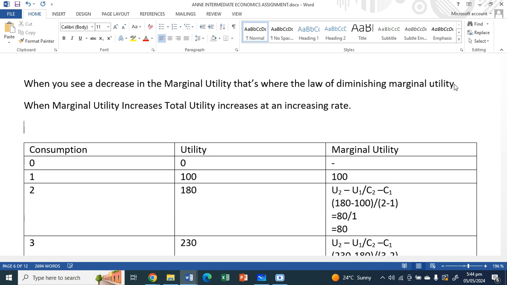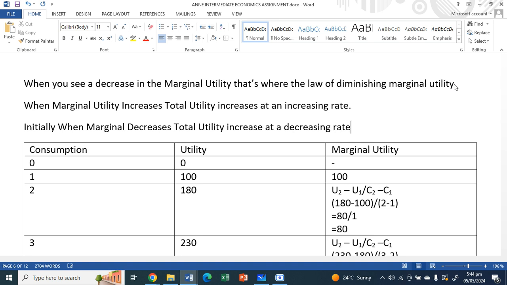Then, initially, when marginal utility starts to reduce, at first, total utility will increase at a decreasing rate.